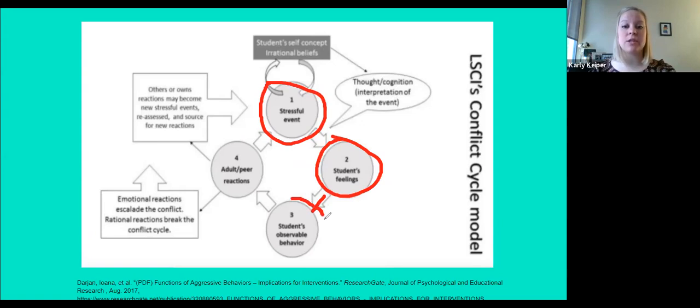So those behaviors that we're talking about, maybe they yell or cry. Maybe they attempt to leave the area because this is too hard and I can't handle it anymore. When we see these observable behaviors, we often provide a reaction of some kind.